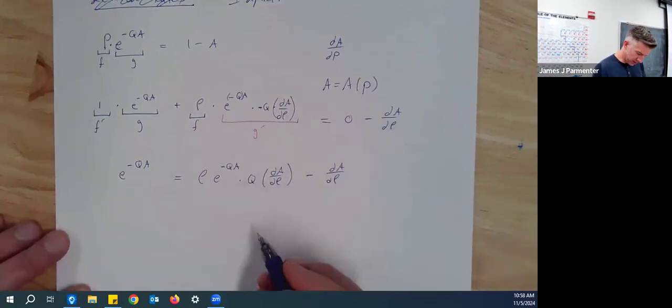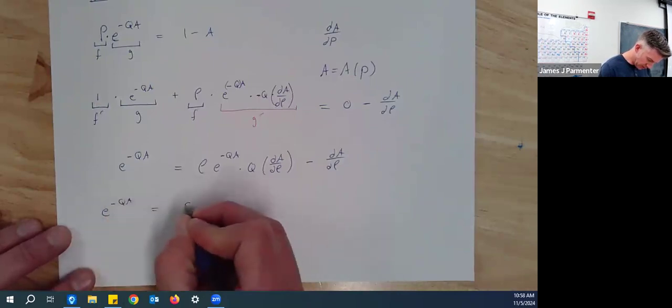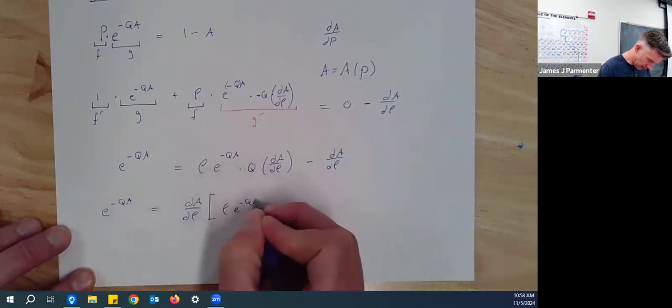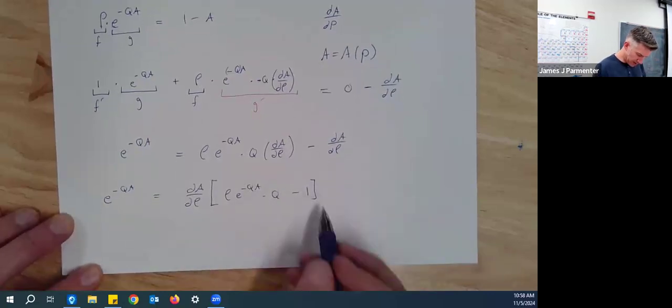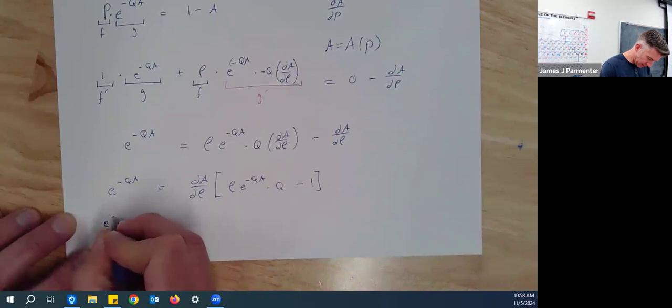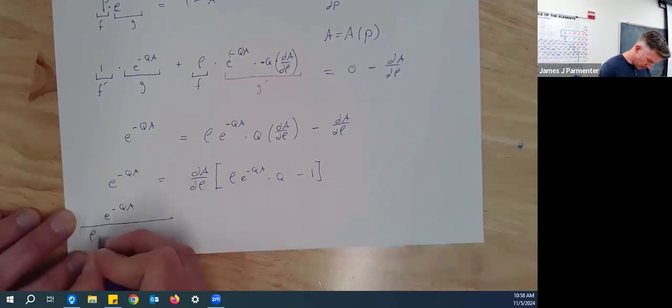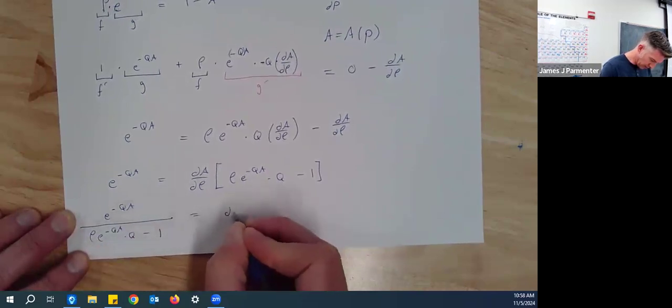Factor out the derivative you're trying to solve for. So e to the negative QA equals dA/d rho multiplied by rho e to the negative QA times q, minus 1. Finally, divide by this to get e to the negative QA divided by rho e to the negative QA times q minus 1 equal to your derivative.